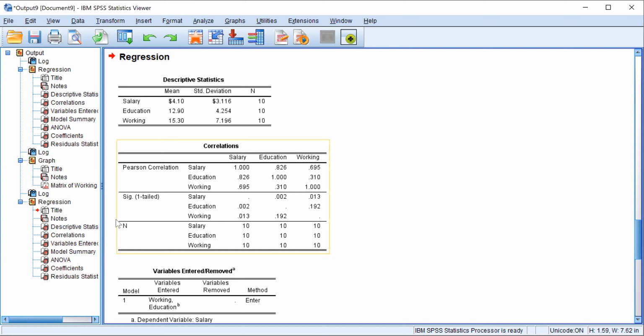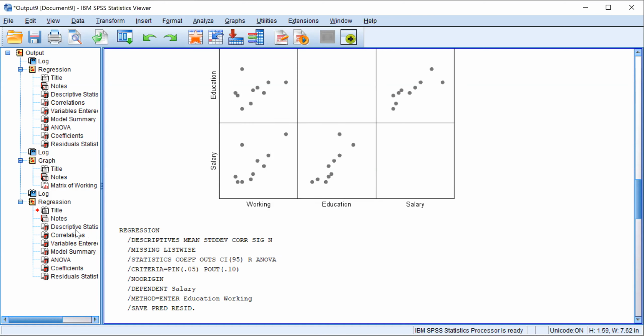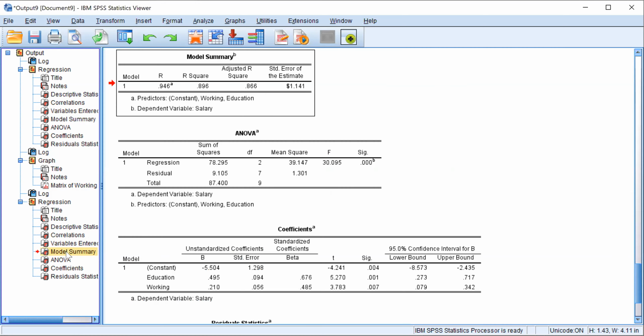Then next we're going to look at the model summary table that shows the multiple R. Multiple R tells how these two predictors together correlate with salary.